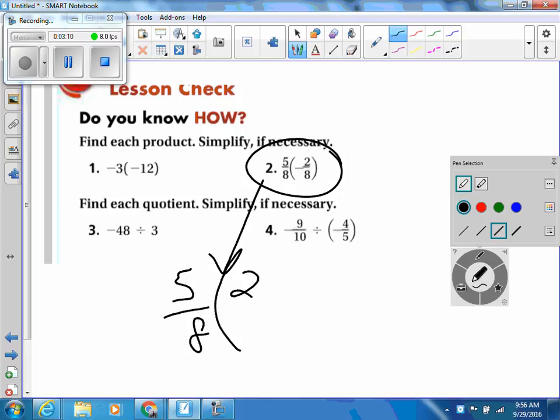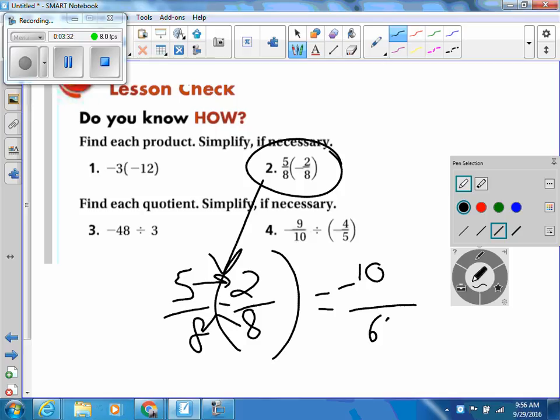In my parentheses, I have -2 over 8. And how do I multiply fractions? I multiply across. 5 times -2 equals -10. 8 times 8 is 64.